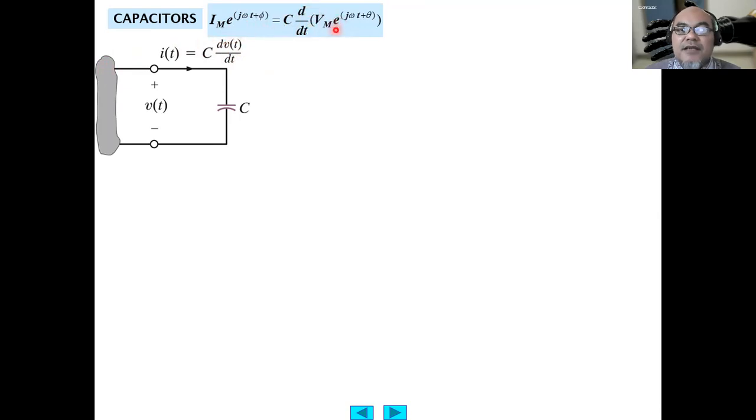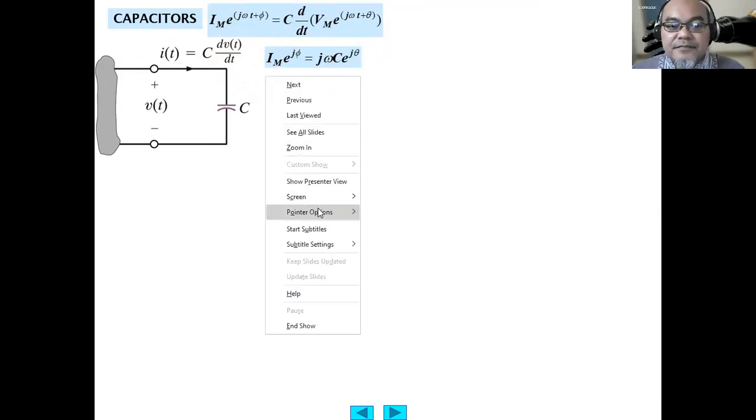The voltage is Vm exponent j omega t plus theta. Then the j omega t can cancel from both sides. So this becomes Im exponent j phi equals j omega C, exponent j theta.